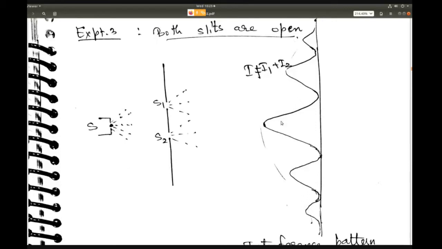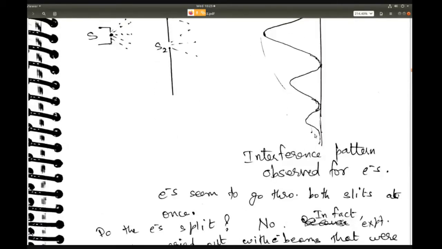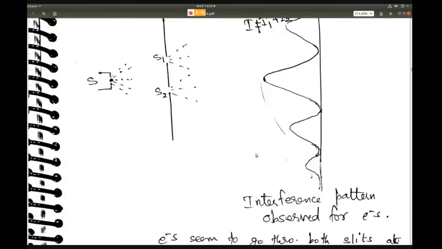Okay, so we need to understand how it is that when electron is a particle, we are getting an interference pattern. Okay. So the only way that we can get an interference pattern may be that the electron is splitting into two. Because if you have two slits and you pass a wave, then what happens?